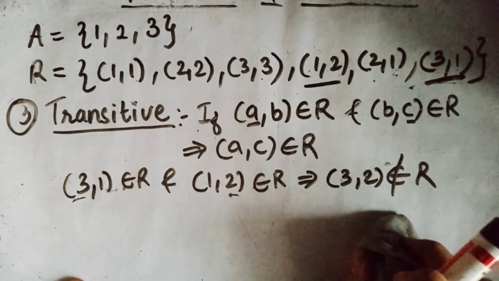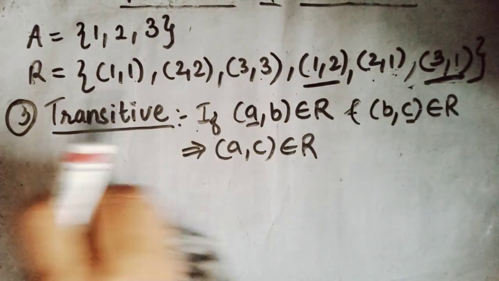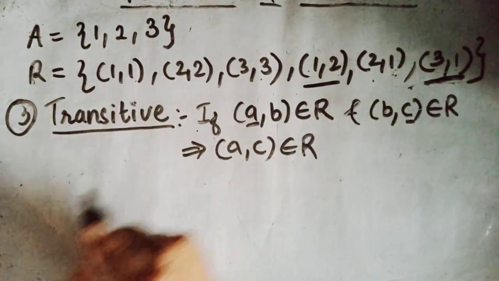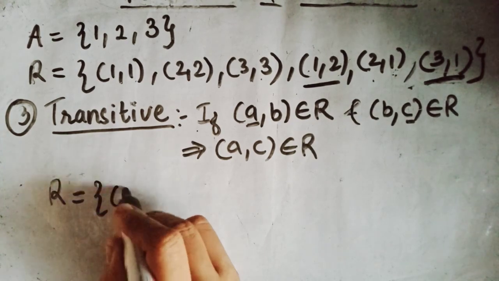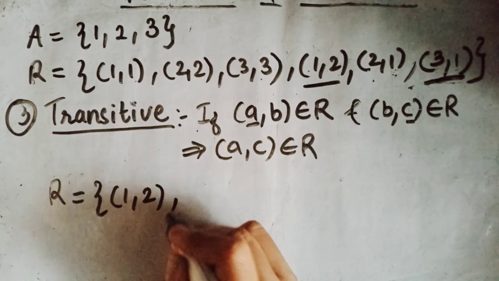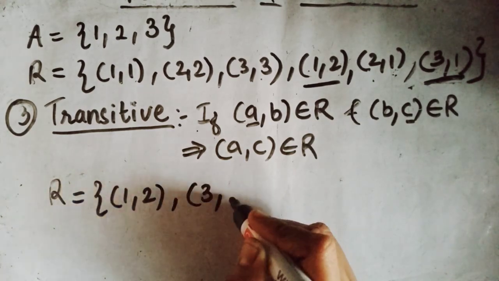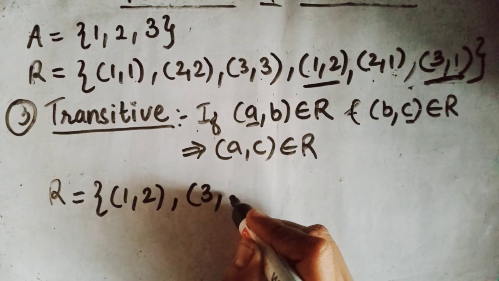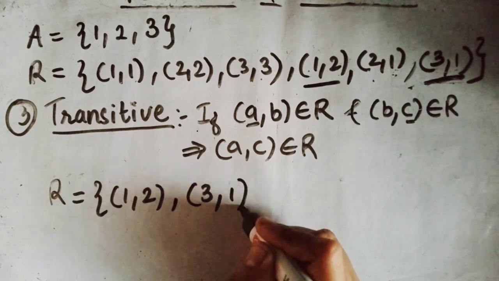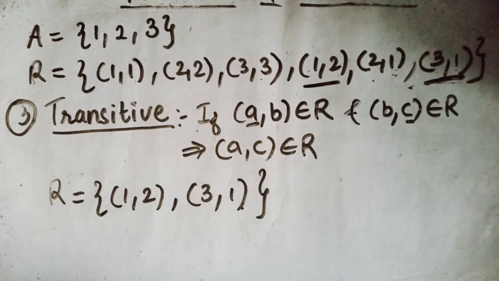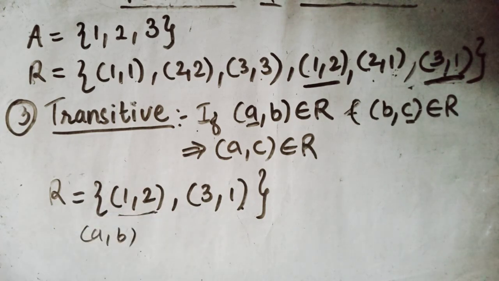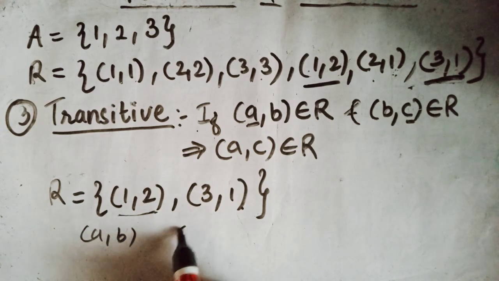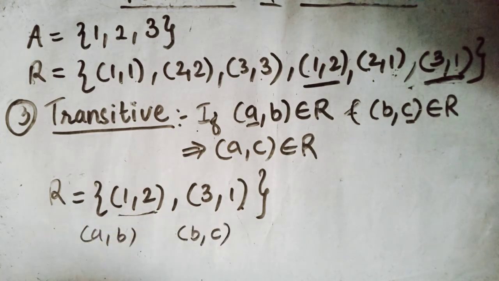And one more thing I want to add: if you have a relation set, say (1,2) and (3,1), and I choose this as (a, b), there is no element in the form (b, c), correct?